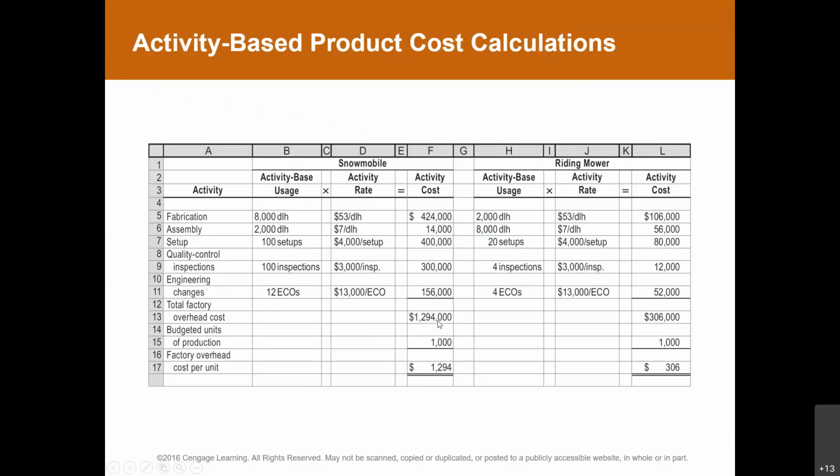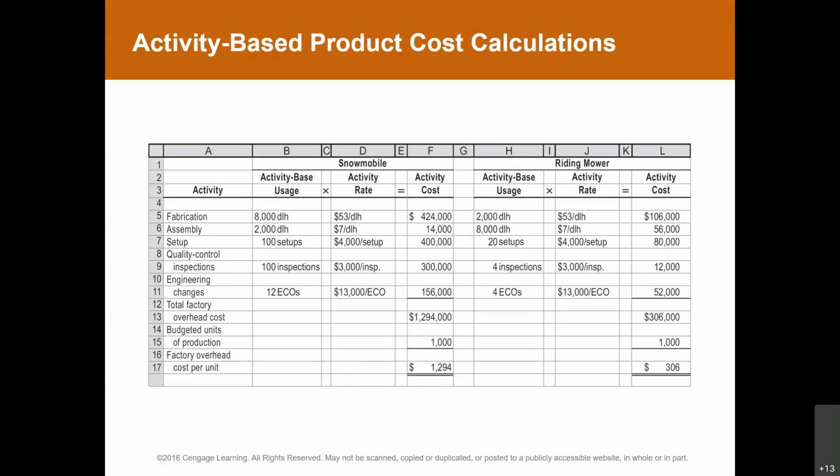For snowmobiles, it's $1,294,000. We said that we're going to produce 1,000 of those, which gets us to a factory overhead per unit of $1,294 per snowmobile.